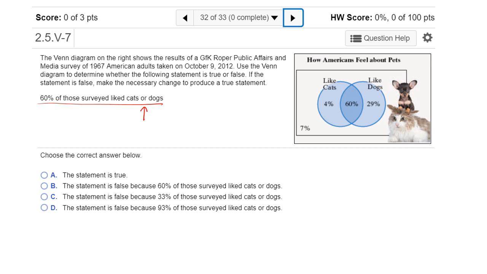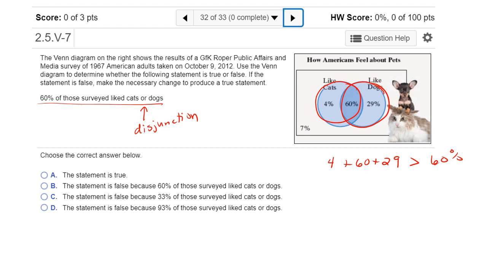The word or, remember, is a disjunction, and it includes everything with the cats or everything with the dogs. Now, it says 60% would be that, and that is not true, because if you notice 4 plus 60 plus 29, that is much larger than the 60% that we are comparing it to.